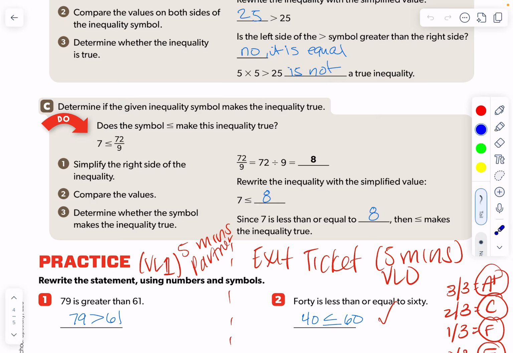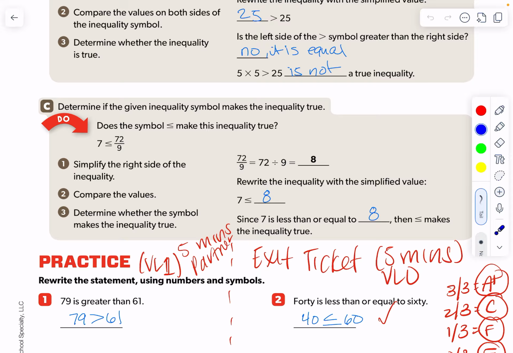And then here we are also determining whether an inequality is true. And it's asking whether the symbol that they've used makes this inequality true, right? So 7 is less than or equal to 72 ninths. And so again, we have some math work that we're going to need to do. We know that fractions are directly correlated to division, and so instead of working with a fraction, we will go ahead and simplify, or we'll go ahead and do division. 72 divided by 9 is 8.